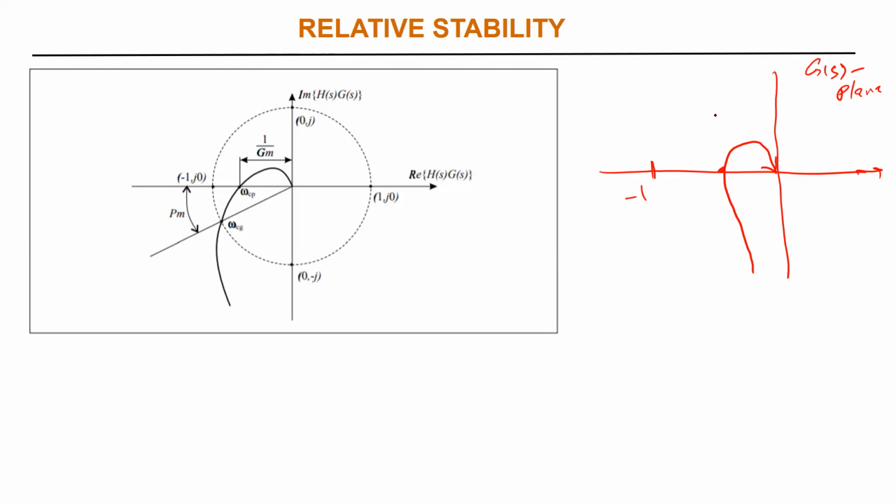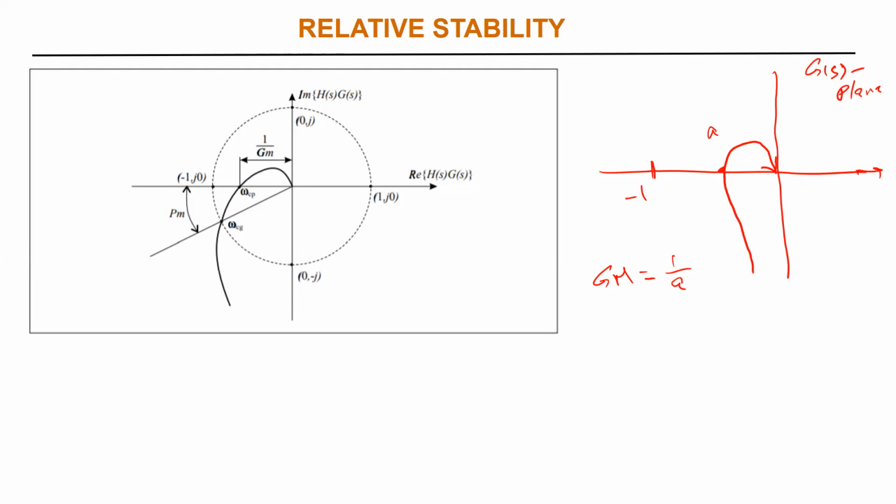If the magnitude is A, then my gain margin equals 1 over A. If you want it in dB, take 20 log of the magnitude. Any question, is this clear?